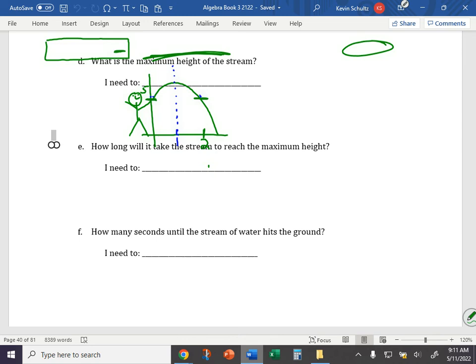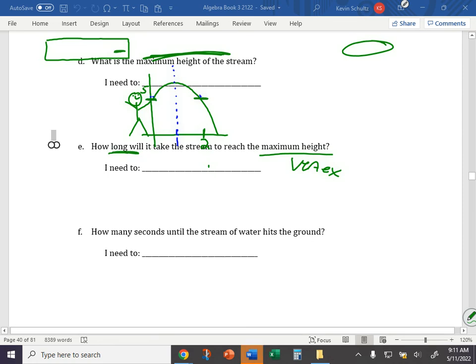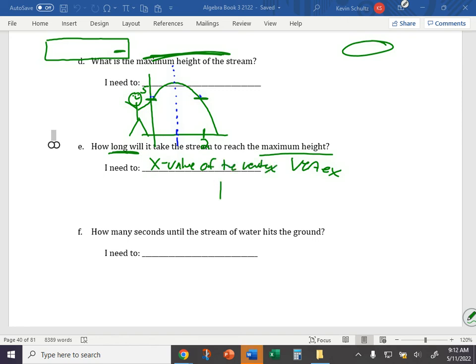All right. How long will it take the stream to reach that maximum height? Damien said 1 second. Okay? And we know that because, first of all, maximum height, there's our vertex. That's that key phrase, that vertex point. And then the question, how long will it take? That's talking about time. Right? X being the value for time, we want the x value of the vertex, which we calculated to be 1.